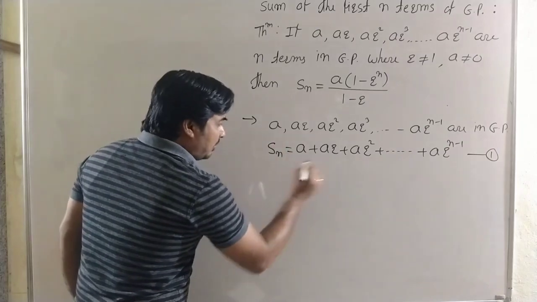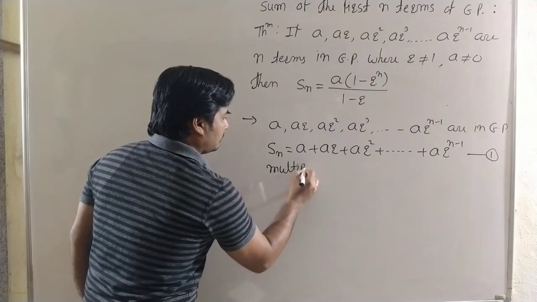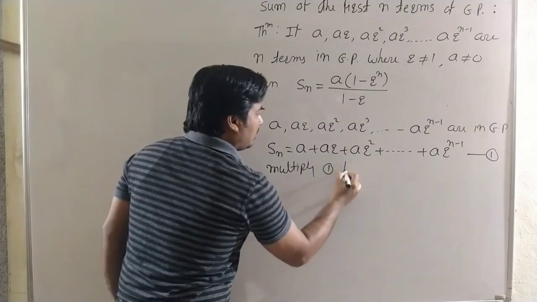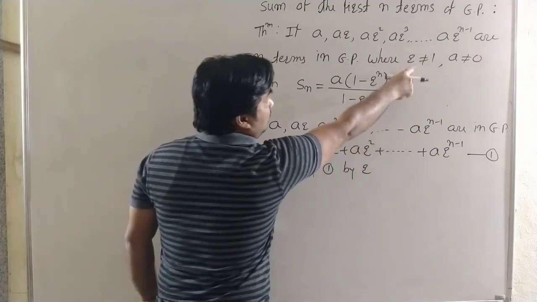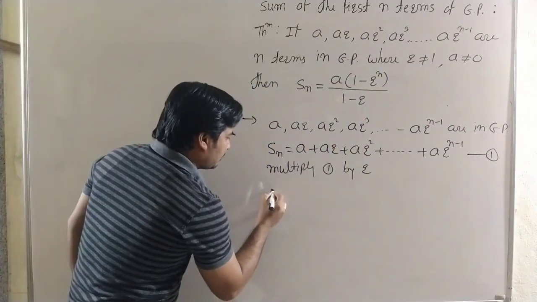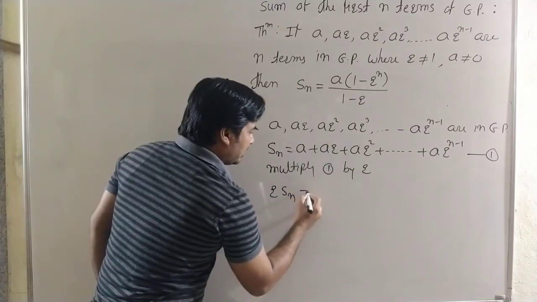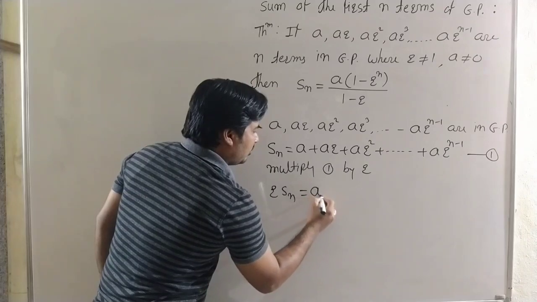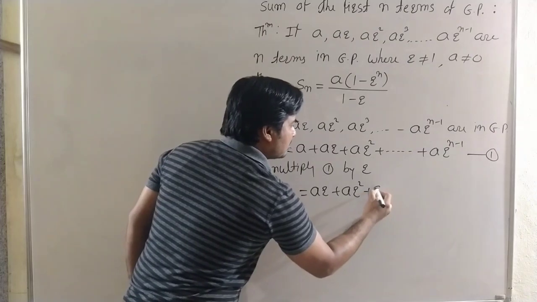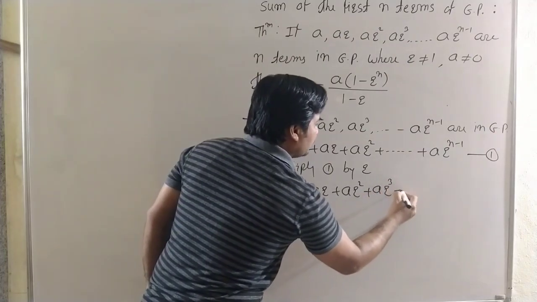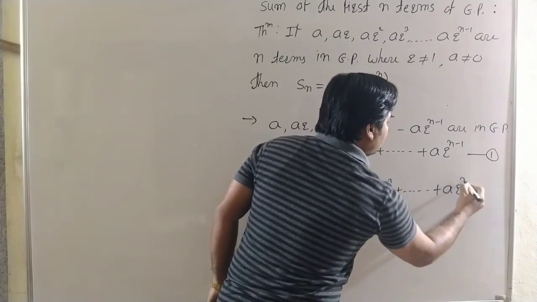Now multiply equation 1 by r, which is not equal to 1. So we can write r into Sn is equal to a into r plus a into r square plus a into r cube plus and so on up to a into r to the power n.